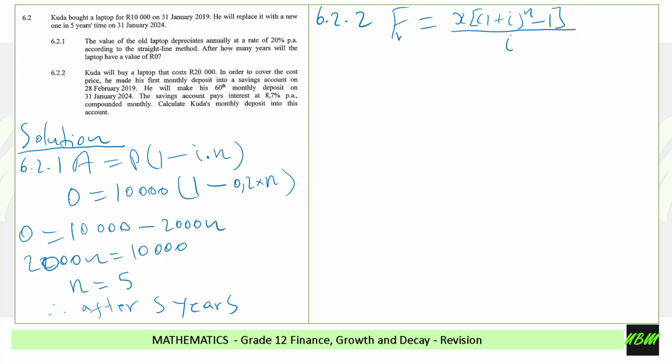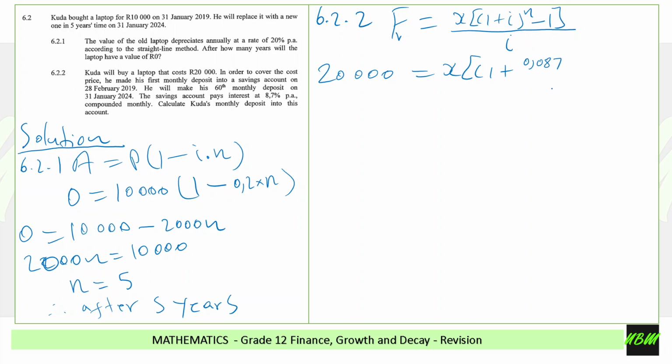So what will be the amount that Kuda must get at the end? It is 20,000 rand. So FV, 20,000 rand, equals x, that is what we are calculating, times (1 plus i, where i is 8.7% as a decimal, 8.7 divided by 100, 0.087.